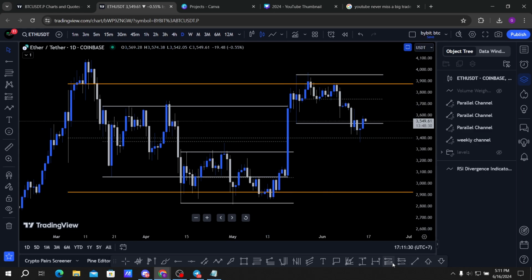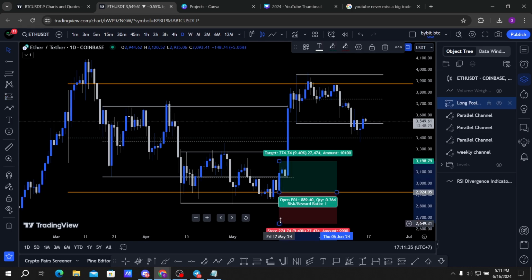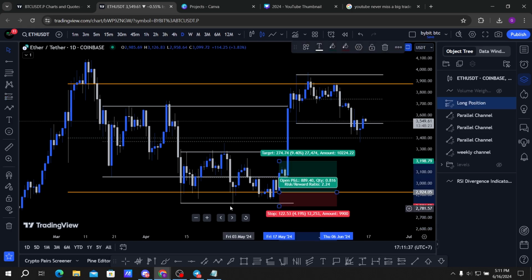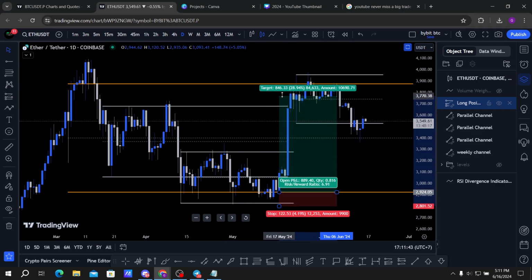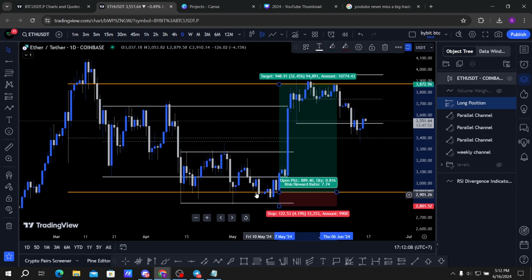So what we could do here is put a long position here for a possible swing trade. Stop loss under the wick there, because they grabbed some liquidity already, and then you can target the top of the range. In this way, you also see that on the big moves, you have really nice entries that you can make with this trading setup.